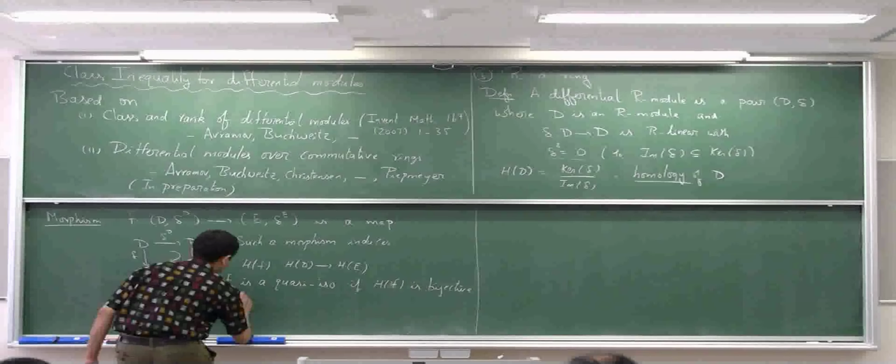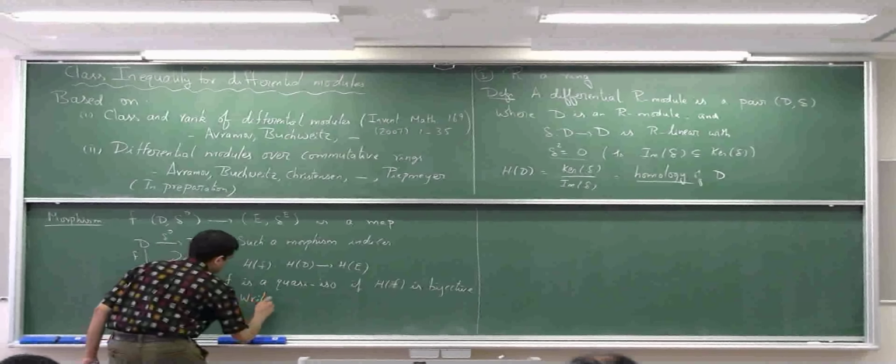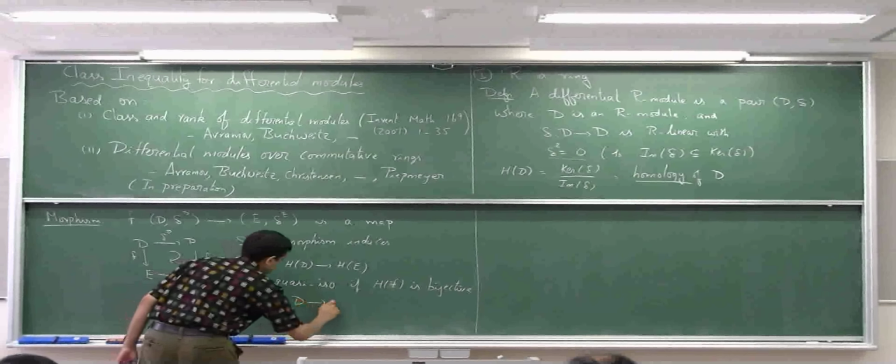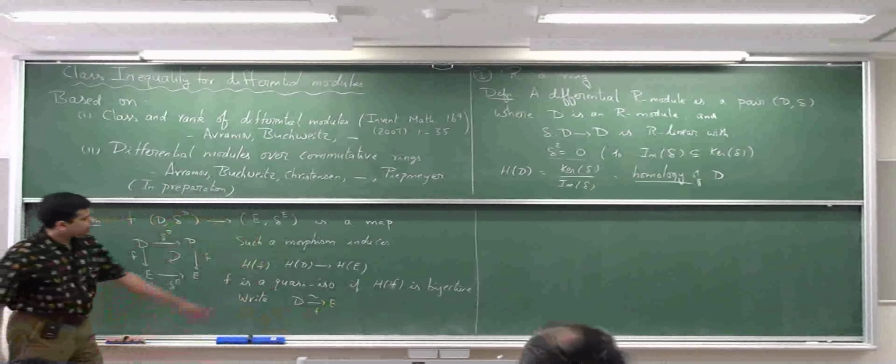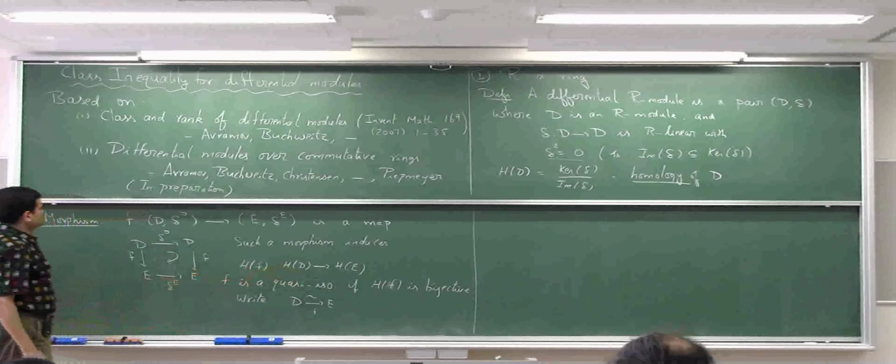And I might write an arrow with a tilde to indicate that f is a quasi-isomorphism from D to E.